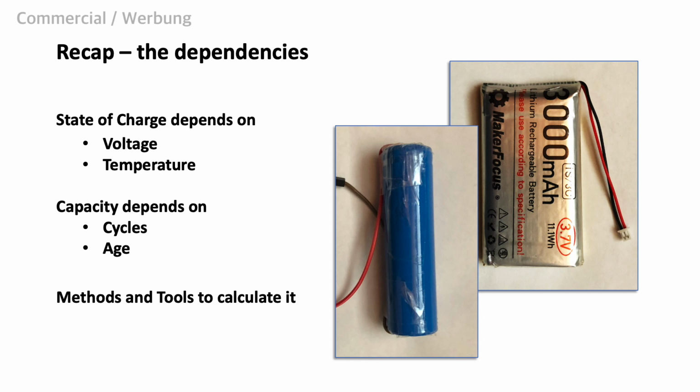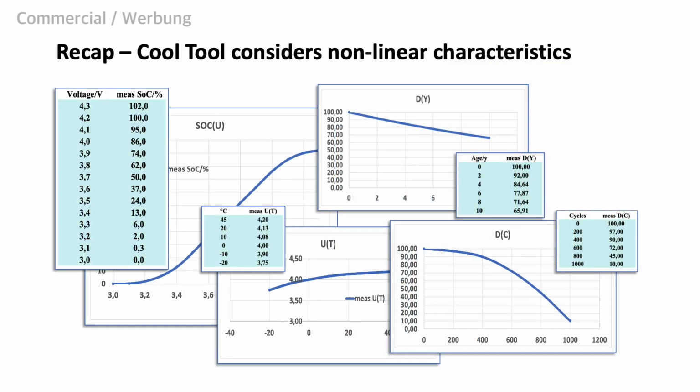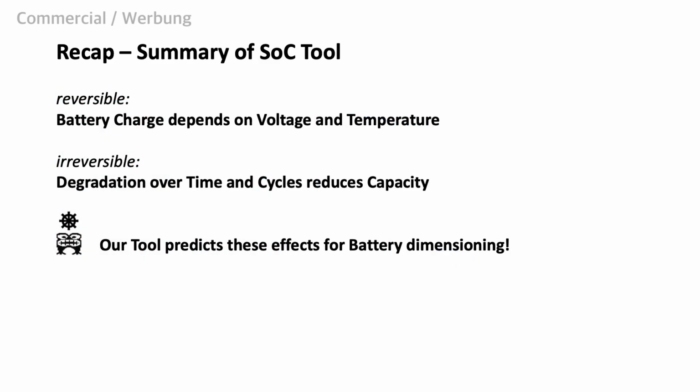In one of the past episodes, we realized a tool that considers all the interesting parameters for the state of charge calculation of a battery. We understood the most important reversible and irreversible effects.